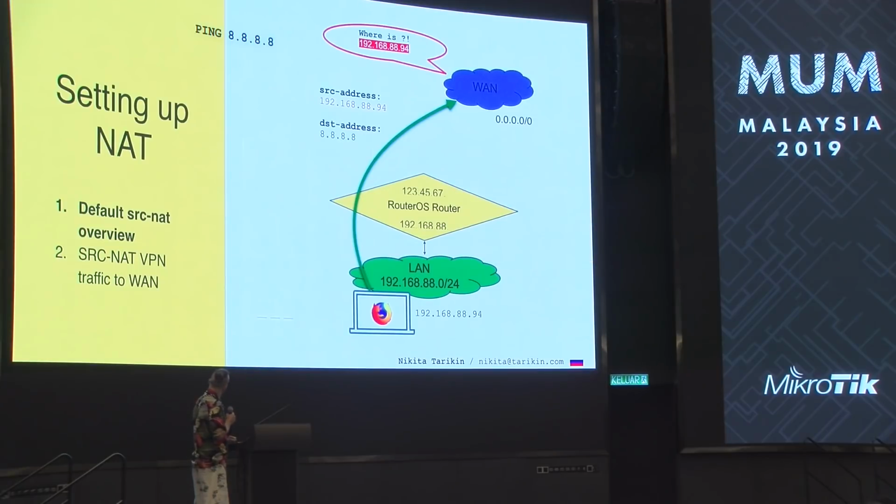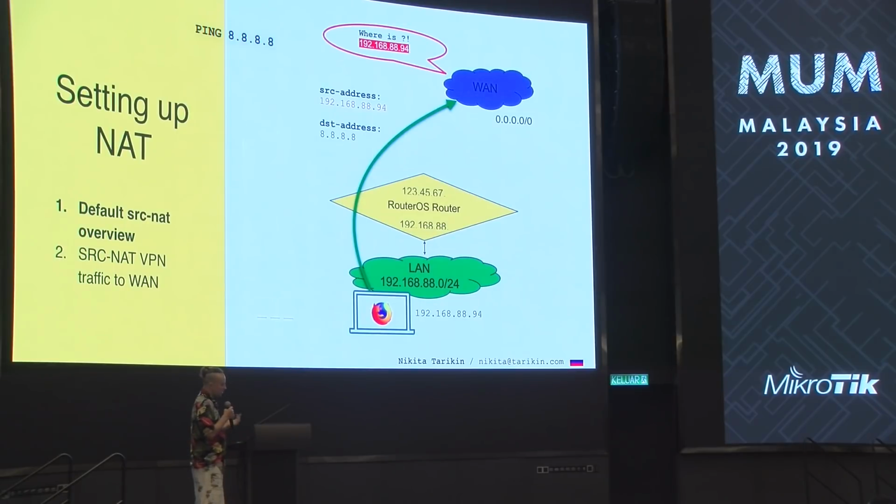So setting up NAT. Problems with NAT. Guys who don't understand how NAT works, I will try to explain a little bit. So let's say you have a laptop and there is no NAT, and your laptop has 88.94 IP address, and it tries to ping Google, and Google doesn't know anything about your private IP address, so your internet will not work.